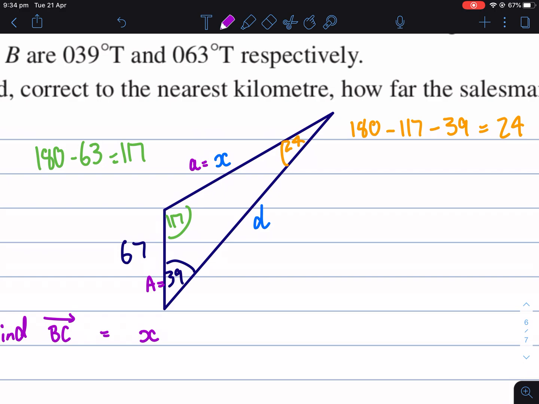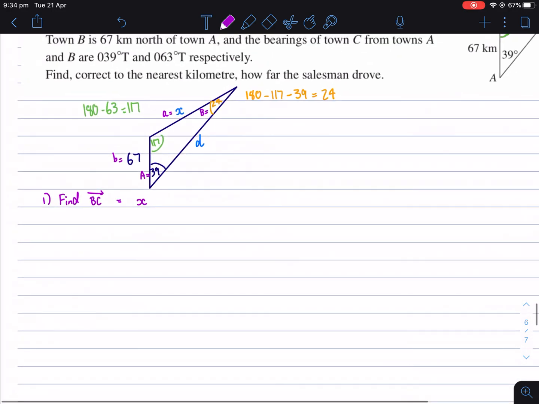And the other side I do know is the 67, which means the angle B is going to be 24, yeah? So what I'm going to say is X over sine of the opposite, 39, equals the other side I do know, 67 over sine of the opposite to it, 24.